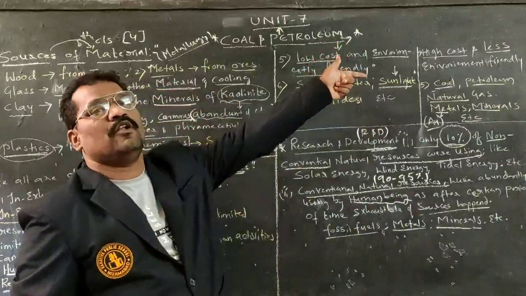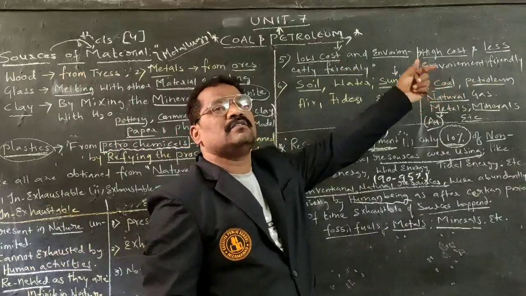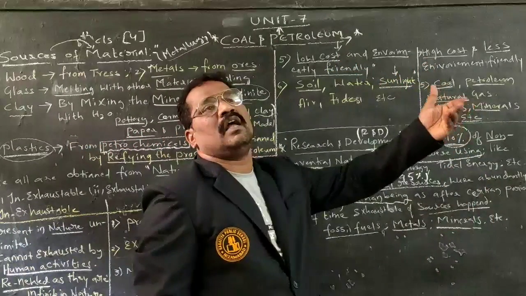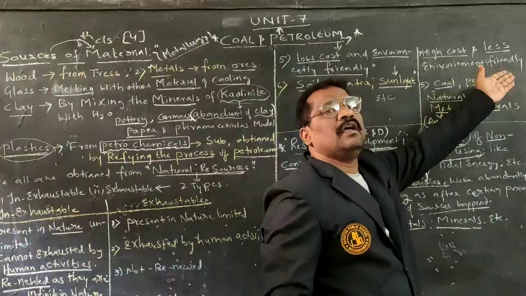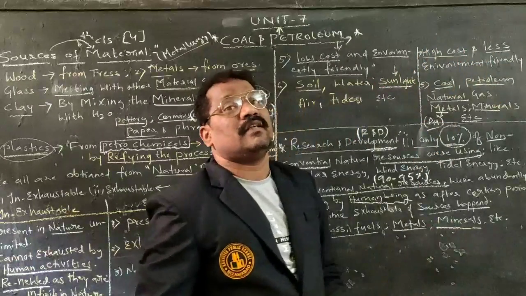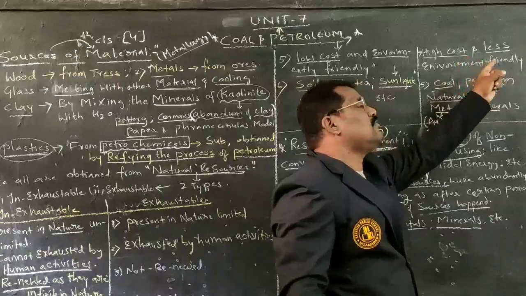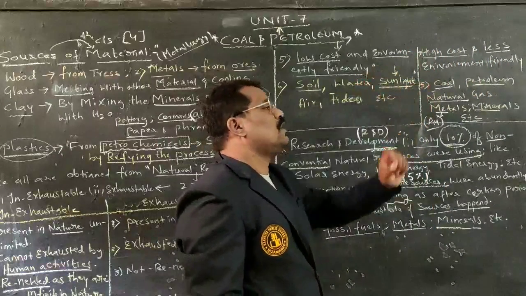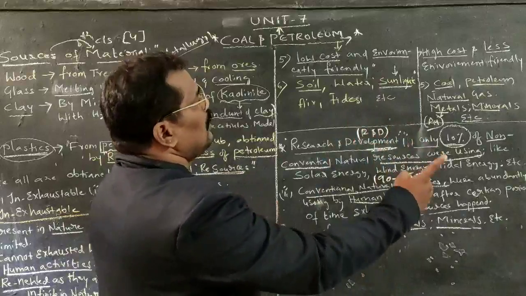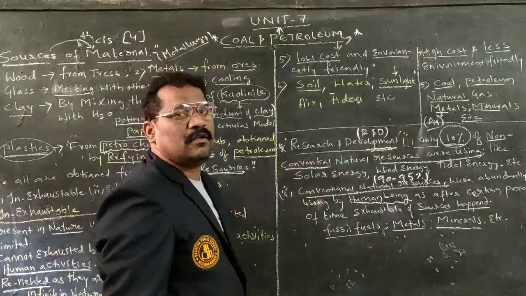They can produce pollution for the environment as we extract them from the soil and their utility increases. That's the reason they are less environment friendly. This is one more difference between inexhaustible and exhaustible resources.